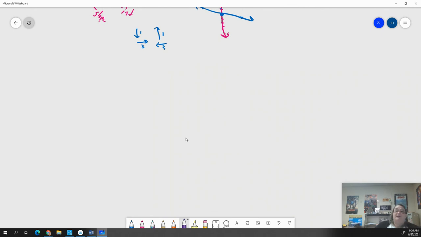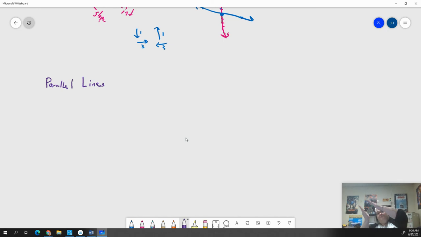Parallel and perpendicular lines are cool. Does anyone remember what a parallel line is? Exactly, they never touch. Parallel lines are two lines that are always going to be the same distance apart no matter what. They will never intersect because they will always be the exact same distance apart.